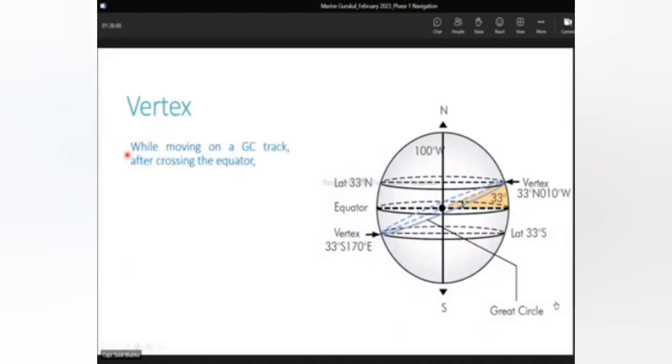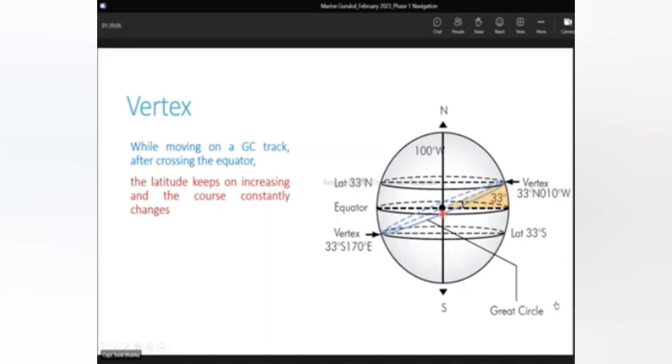Now, when the ship is moving on the great circle track after crossing the equator, you can follow the laser pointer. The laser pointer is exactly at the location where the great circle crosses the equator.